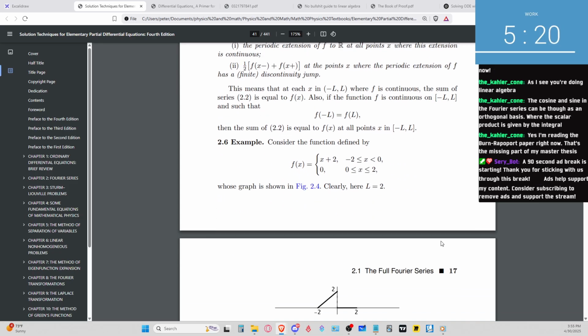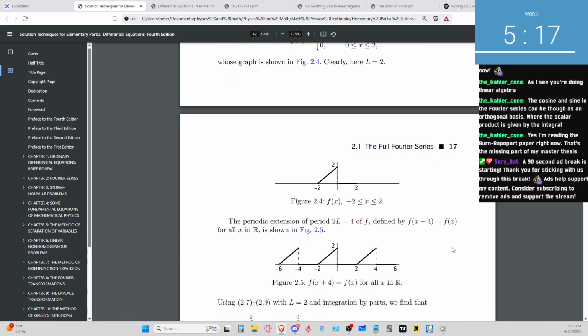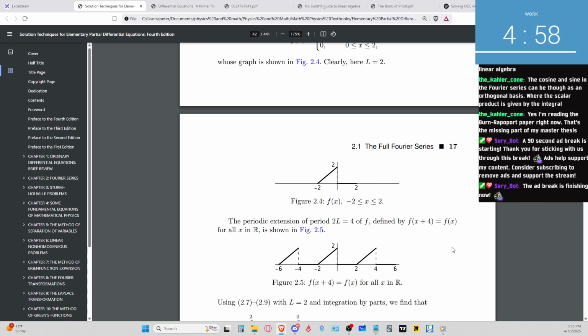Okay, well, we're given an example here. Let's see, the periodic extension is interesting, but at the same time, I feel as if my idea of what it means to be continuous and smooth has totally changed, because it just looks like a triangle that's hugging the y-axis, and I end up wondering.